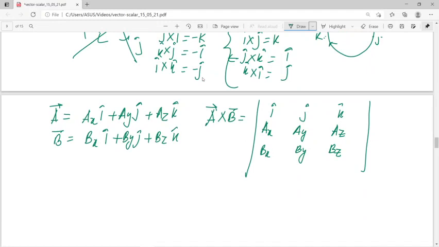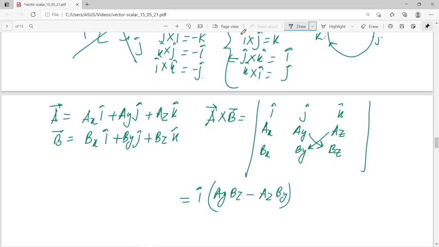So the result is like that: if we take i cap as common, you forget about i cap and multiply this minus this. That means AY BZ minus AZ BY.